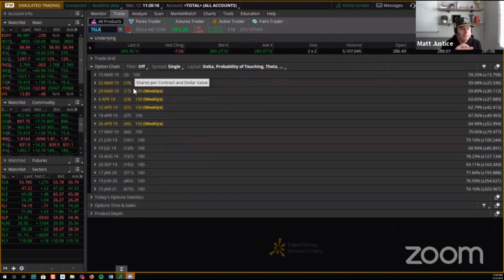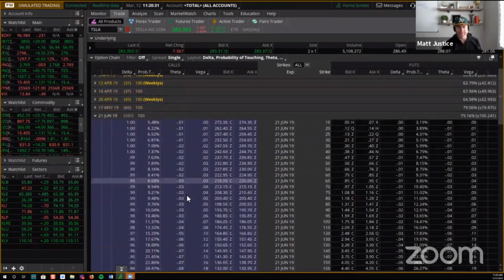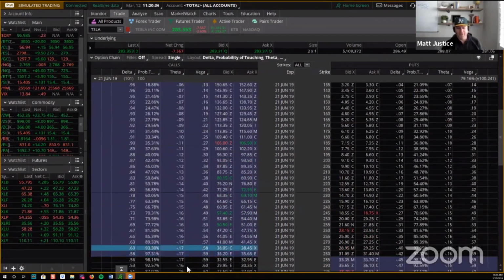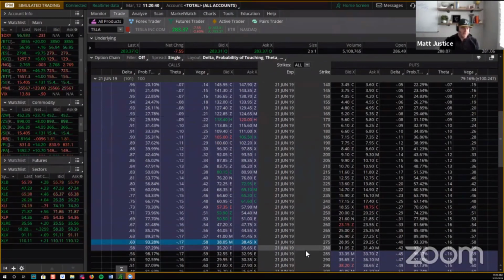Well, number one, delta does a couple of different things. Number one, delta defines the percentage of what you will capture given a $1 movement in a stock price when you are a buyer of an option. So if I go out to the market in Tesla, and let's say I want to buy a 0.60 delta right there, I'm going to pay $3,825 for that contract, per contract.